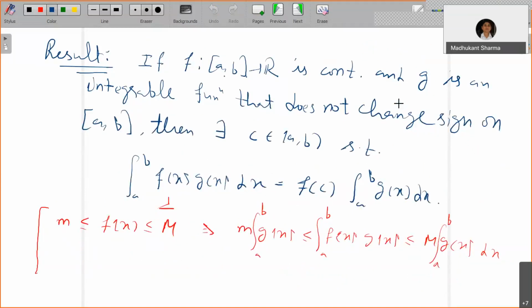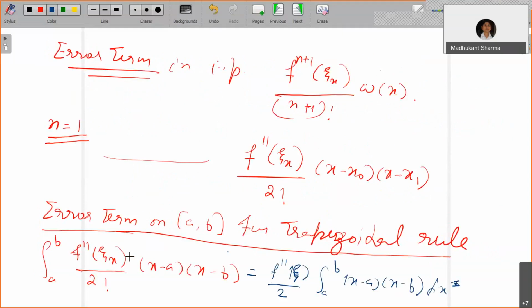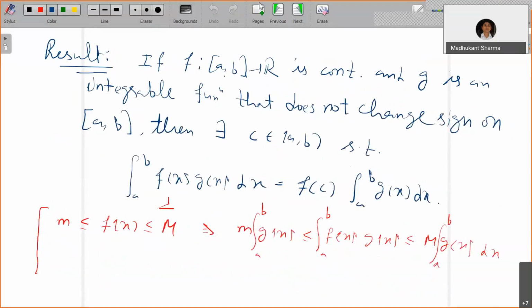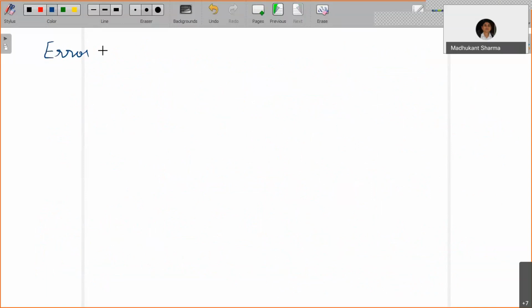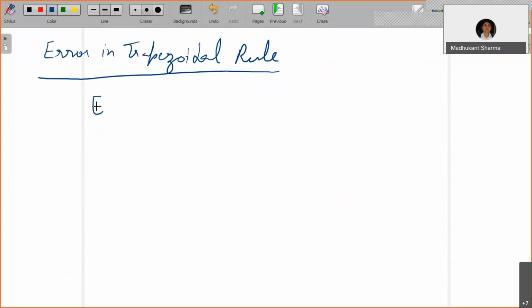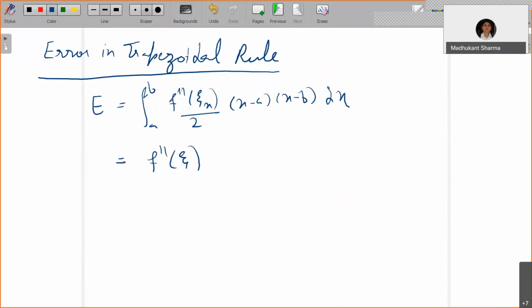So I'm just going to write down now, by using this application, the error in trapezoidal rule is the integration from a to b of f second derivative at c(x) by 2 times (x minus a) into (x minus b) dx, and this is equal to f second derivative at some z by 2 times the integration from a to b of (x minus a) into (x minus b) dx, where z lies in the open interval (a, b).